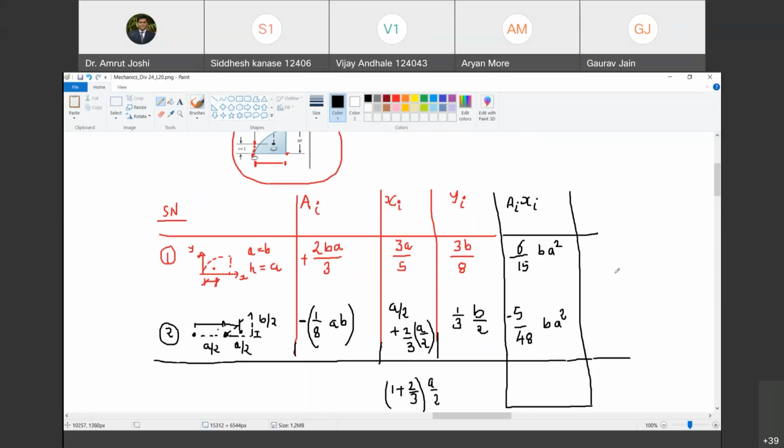Now let us go ahead. Let us find out AI yi. So what is AI yi? It is 6 by 24, right? Yes, sir. 6 by 24 b square a. And what is this value?